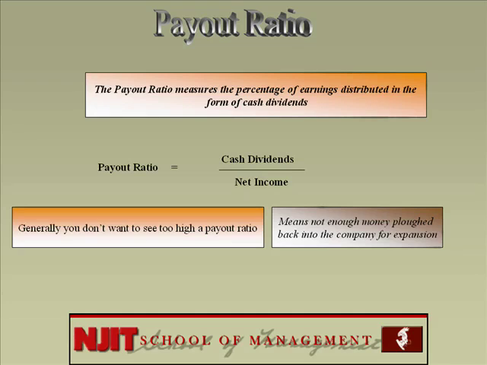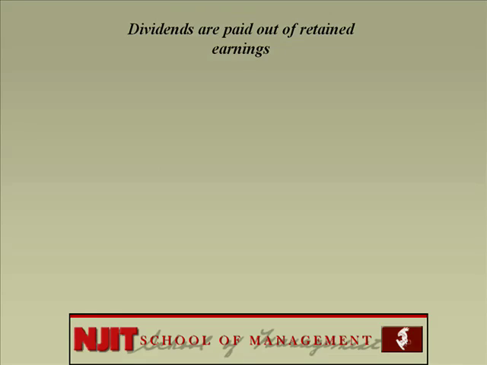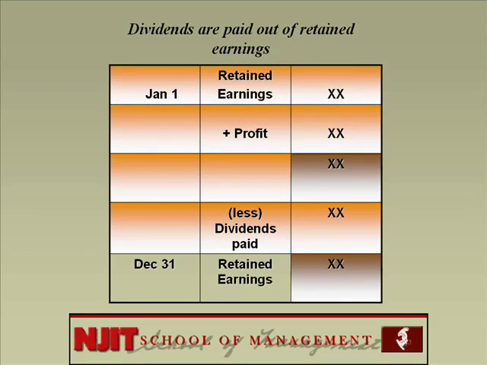One note: dividends are paid out of retained earnings. Very important. If your retained earnings are 0, you can't pay dividends. Every year, the bottom line profit made by a company is added to retained earnings, and dividends are pulled out of retained earnings. So there's a formula.